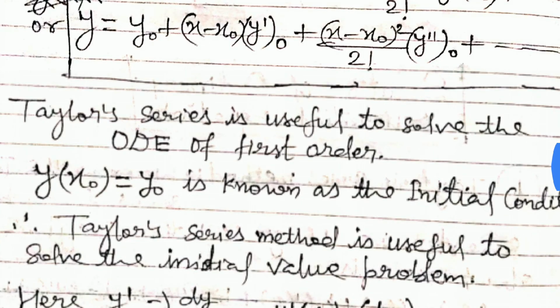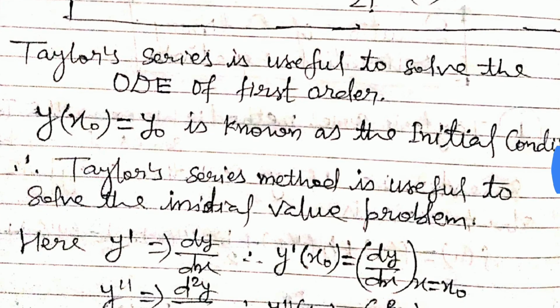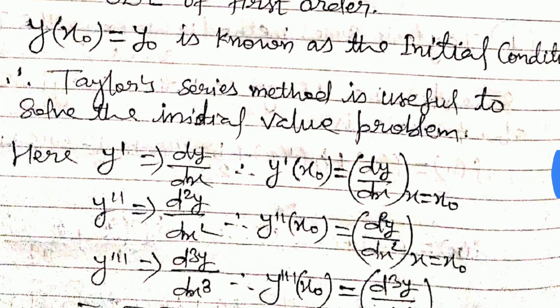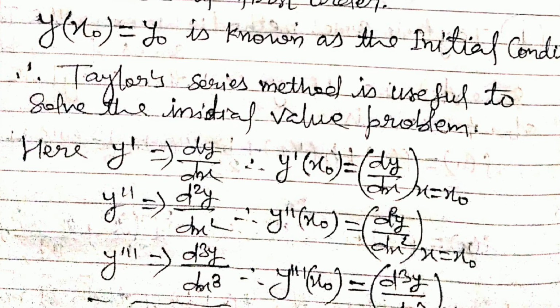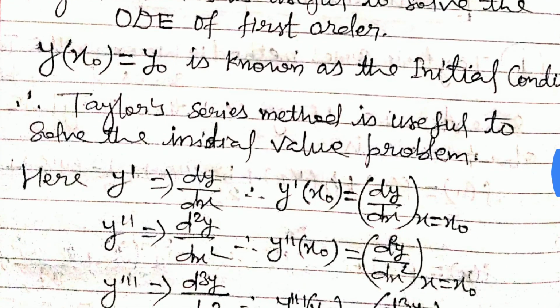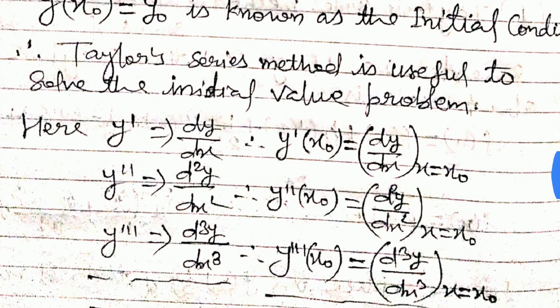The Taylor series is useful to solve ordinary differential equations of first order. Since it contains the initial values, that is the initial value of y is y naught and the initial value of x is x naught, it is also known as a method to solve the initial value problem.